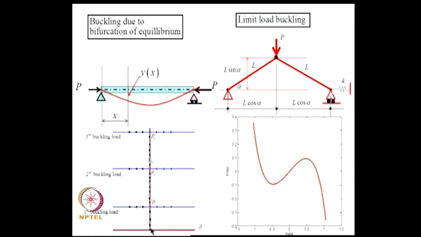So, as the load is increased at some point when P coincides with the first critical or the first buckling load the 0 position becomes unstable and two new branches emerge.